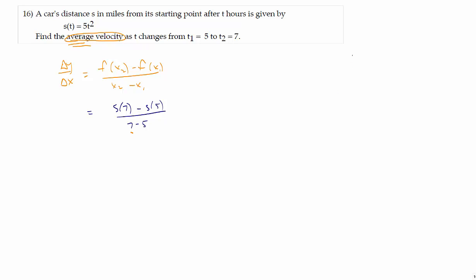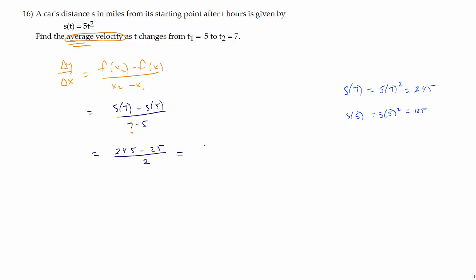I'm going to go over here and find my function values. So for s of 7, plugging it into s of t, we get 5 times 7 squared, so 5 times 49, we get 245. And then s of 5, we get 5 times 5 squared, which is 125. Okay, so plugging it back in here to my formula, we have 245 minus 125 all over 2.